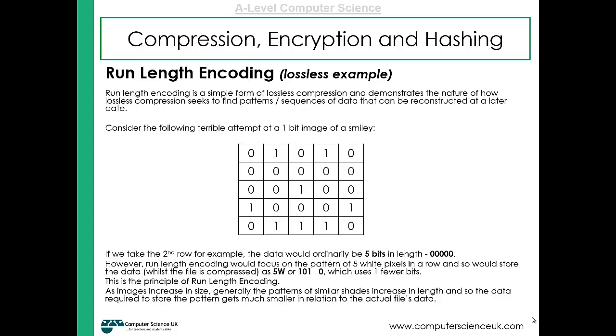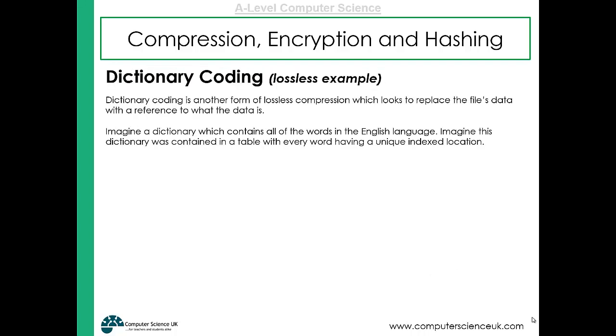So much less data would be stored for that compressed file. And then later on, that knowledge can be used to reconstruct the file as it was in its original form. So that's run length encoding.